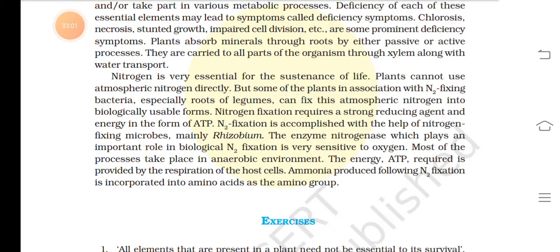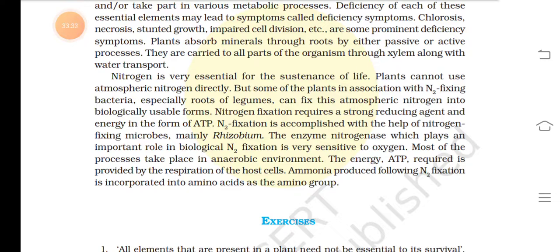Plants absorb minerals through roots by either passive or active process. They are carried to all the parts of the organism through xylem along with water transport. Nitrogen is very essential for the sustenance of life. Plants cannot use atmospheric nitrogen directly, but some of the plants in association with nitrogen fixing bacteria, especially roots of legumes, can fix this atmospheric nitrogen into biologically usable forms.